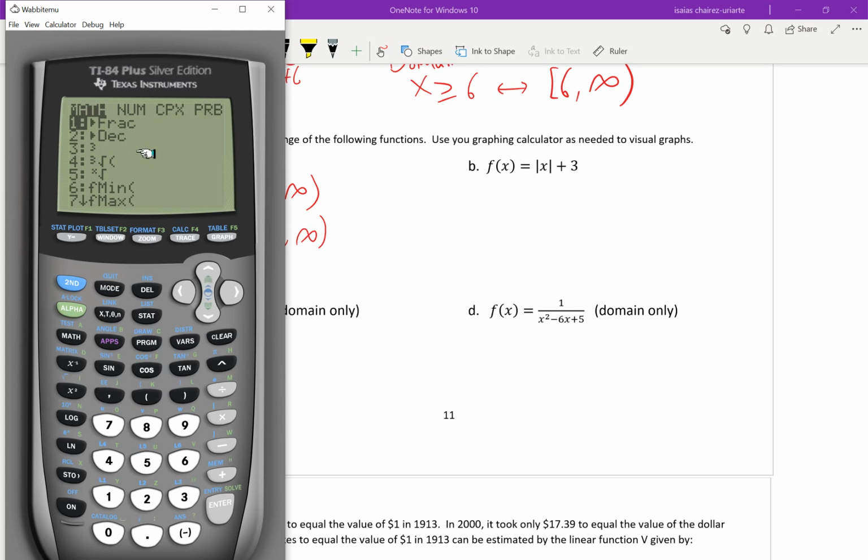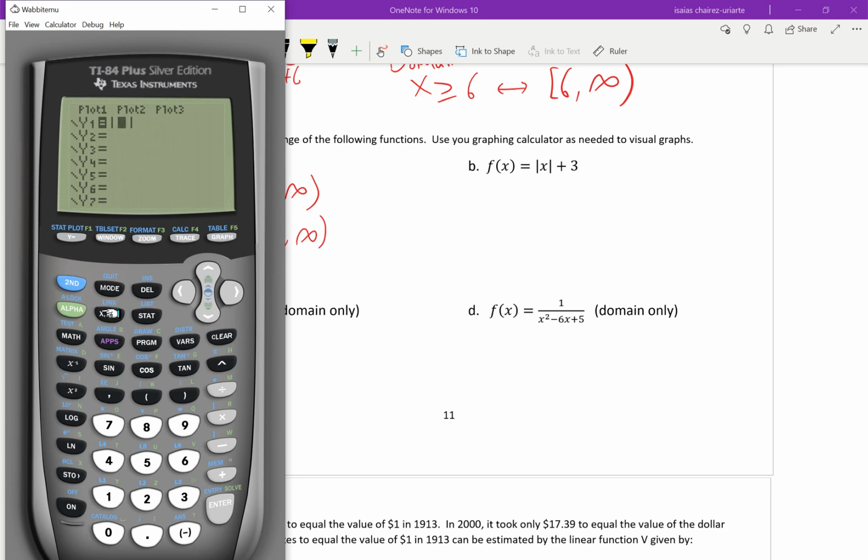And then you have math, num, complex, probability. I'm going to go to num, number. So I need to scroll to the right, and you see the first option says abs, and then there's a parenthesis. Yeah, that's what I want, so I'm going to hit enter on there. See, I have my little absolute value, and then I need to put x in there.